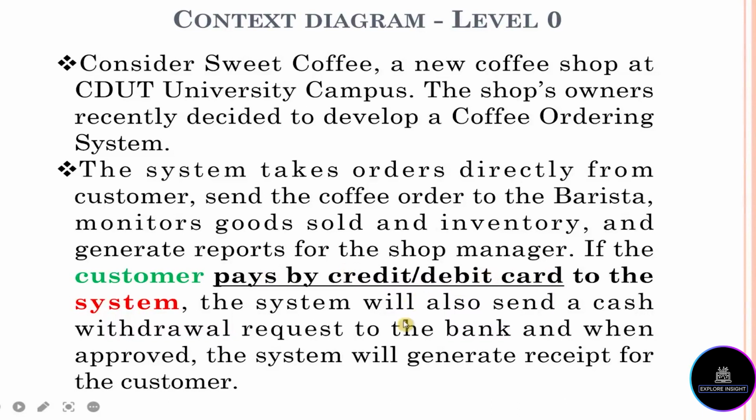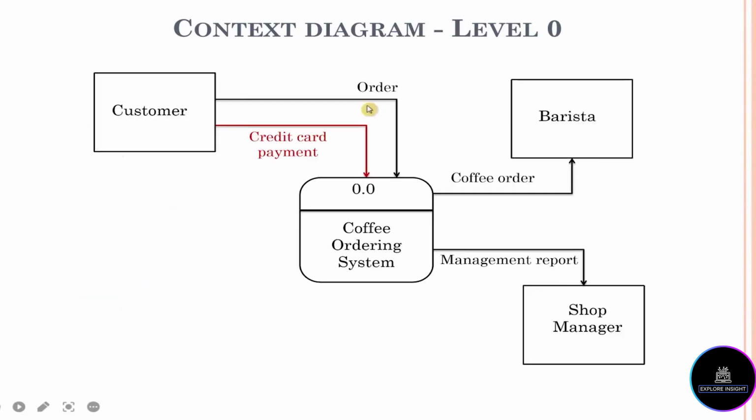So we'll go ahead to create this. Take note that we already have customer here and also the system. So we will not be creating a new entity. Rather, we'll be using what we have and just make a new data flow. So this is what we'll have. So the customer pays credit card to the system.